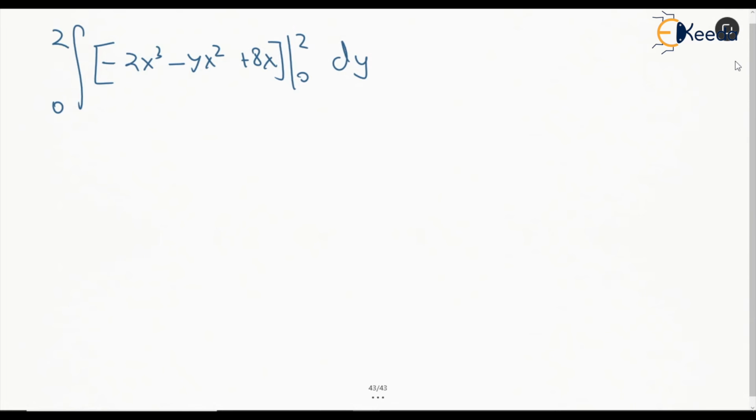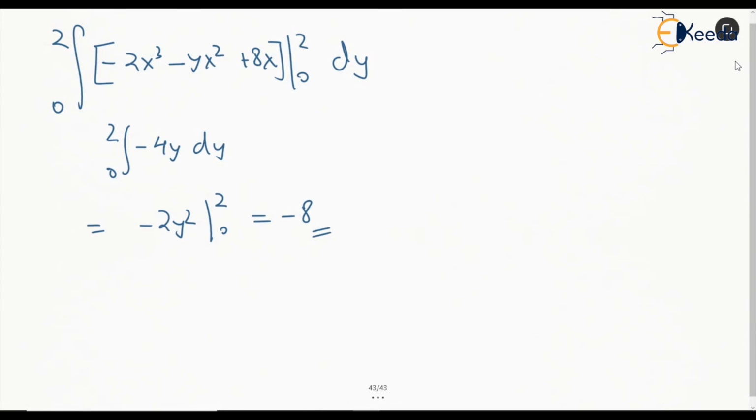Putting 0 and 2 in this function, we'll get it to be minus 4y. So integration with respect to y from 0 to 2 will give minus 2y² from 0 to 2, which is simply minus 8. So that will be the answer for this case.